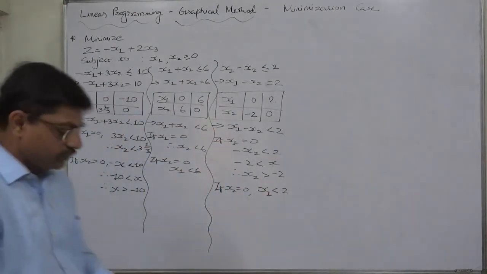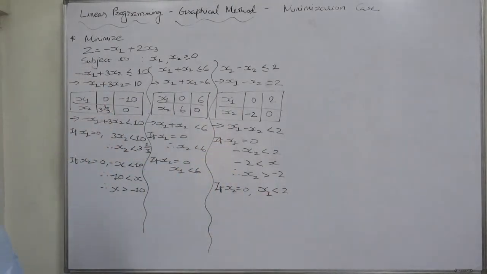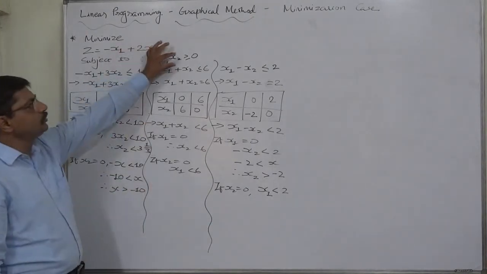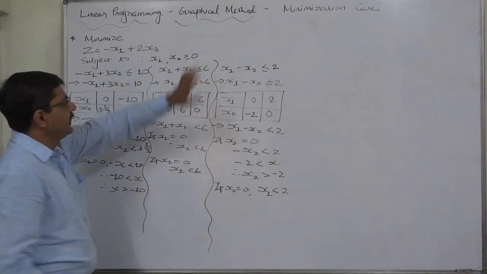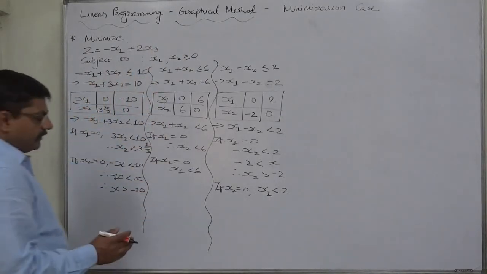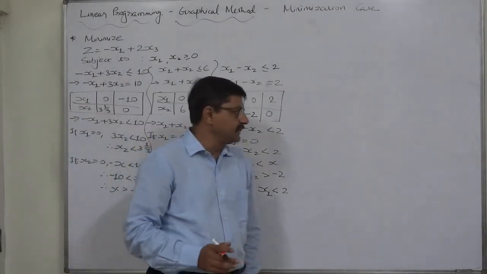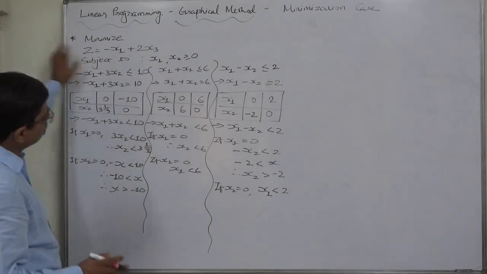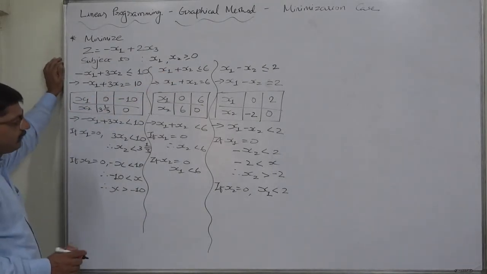Okay, we have segregated all the three inequalities into equality and inequality parts. These two we don't need to segregate because the x1 and x2 axes in the first quadrant are showing the graph of these two inequalities.